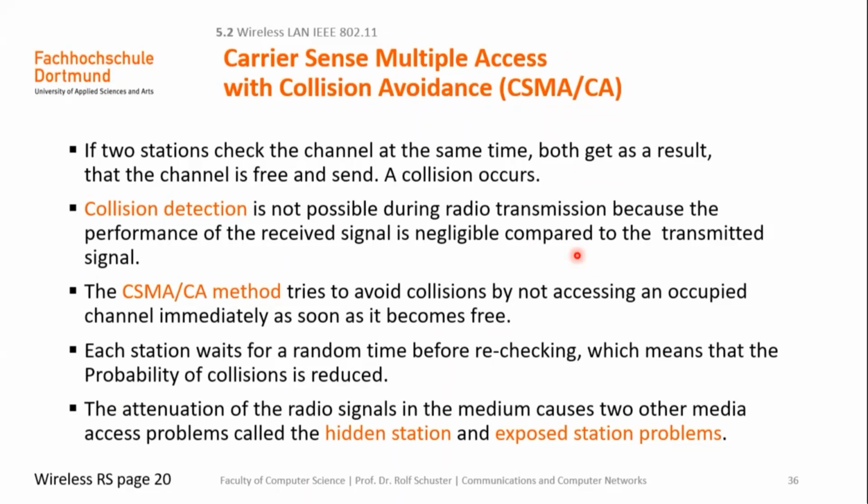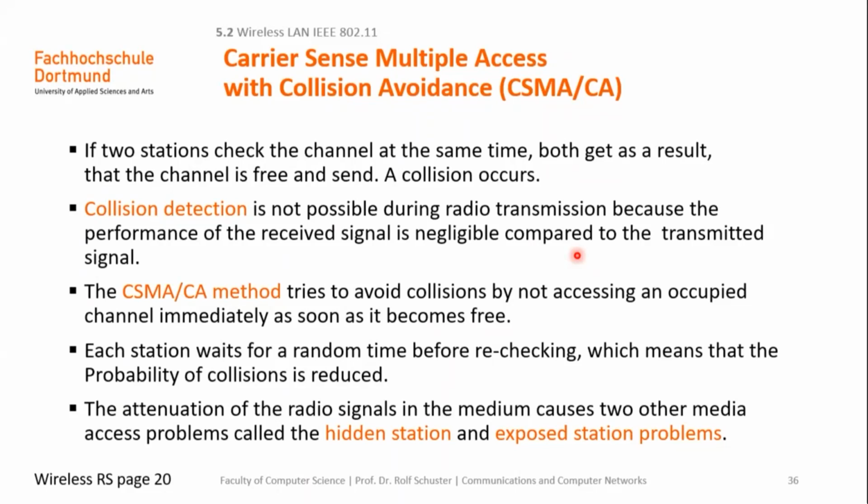The CSMA-CA method tries to avoid collisions by not accessing an occupied channel immediately as soon as it becomes free. This is the basic principle that CSMA-CA uses to avoid collisions.